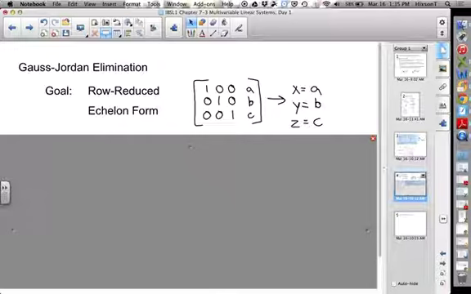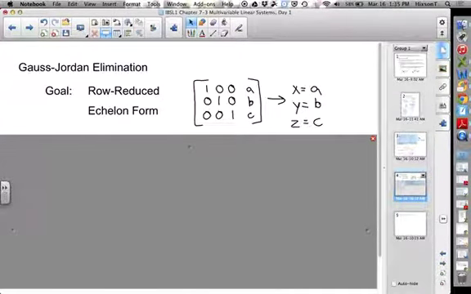Basically, we'll just use row echelon form until we get this 1, 0, 0, c, then we'll back substitute it. So basically, it doesn't try to get these to be zeros. It only does this part, and then it back substitutes to get your x and your y. I don't care for that. It's not too hard to get those other zeros, so that's why I like just doing it this way.